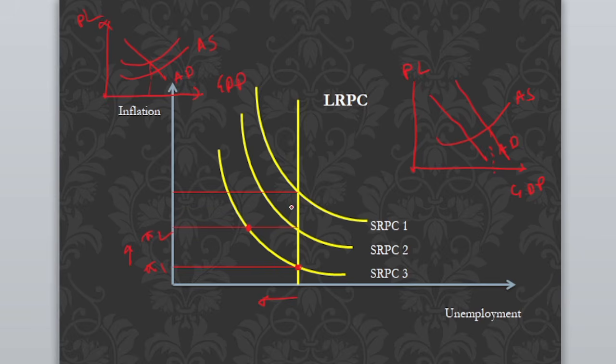So the inflation will increase in the same way, but if we consider this point here, then it will be false, because if GDP decreases, then there will be no chance of decreasing the unemployment. So definitely the unemployment increases. In that case, this point will shift to this point. So the net unemployment will remain same and we'll get a straight line. So this is the relationship between the long run Phillips curve and the short run Phillips curve.